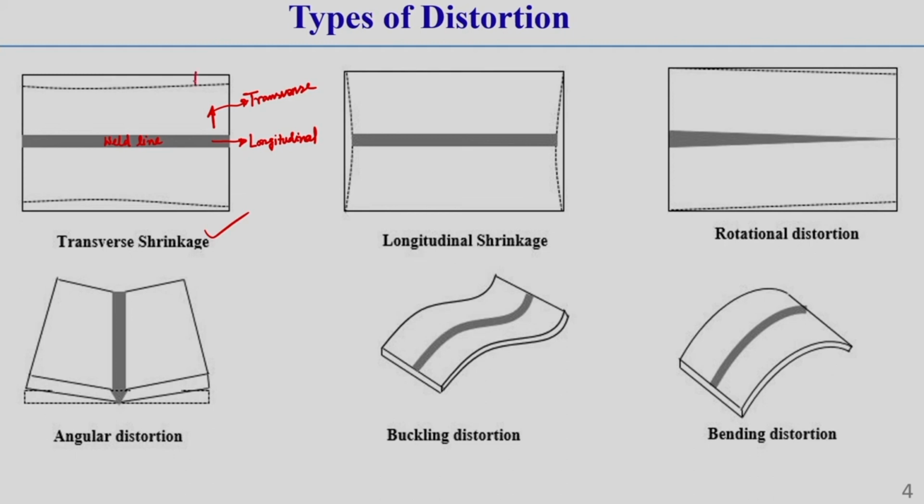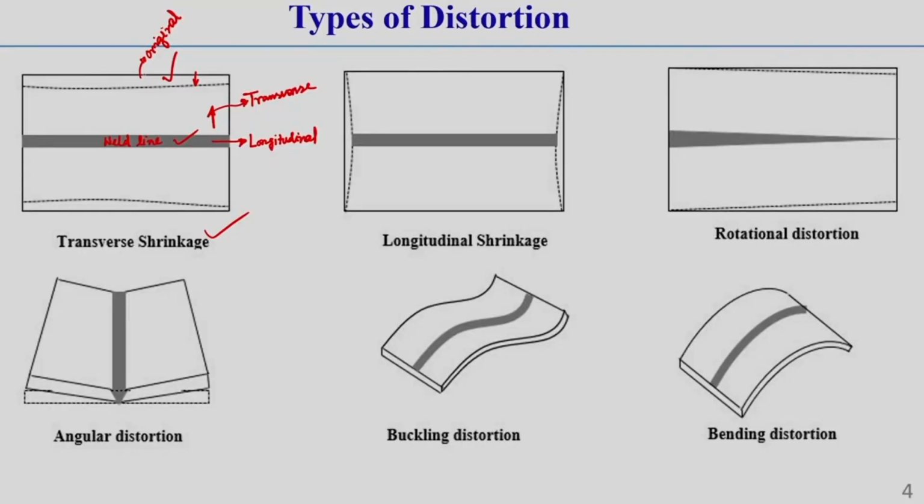After welding, due to the contraction of the weld material after solidification, there occurs some shrinkage of the original plate, so the shape or size changes. The solid line represents the original shape, and after shrinkage, this is the final shape.